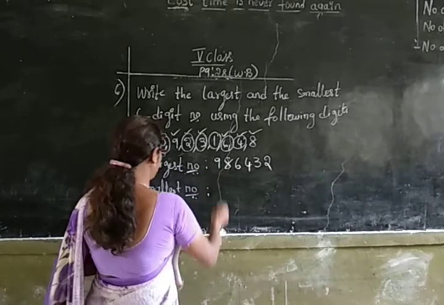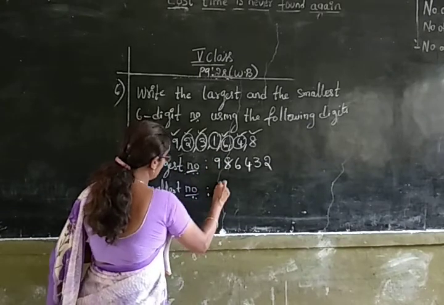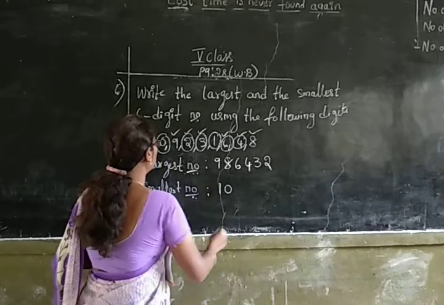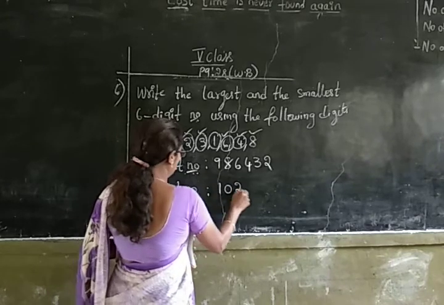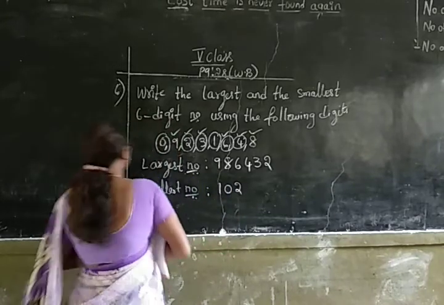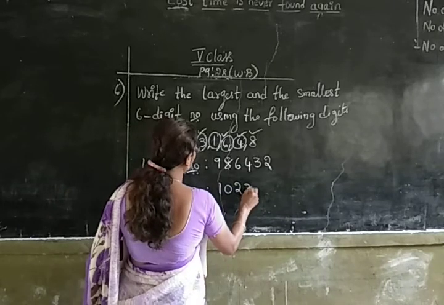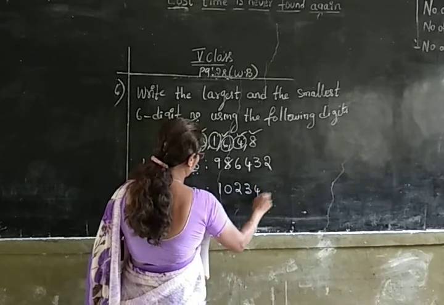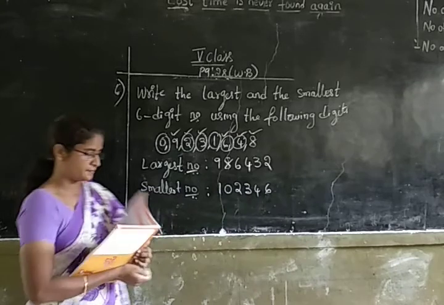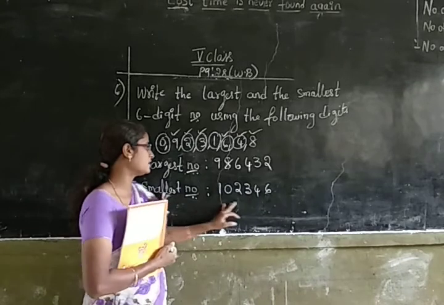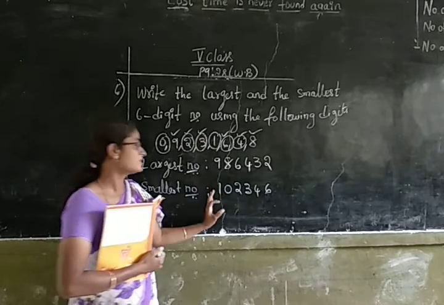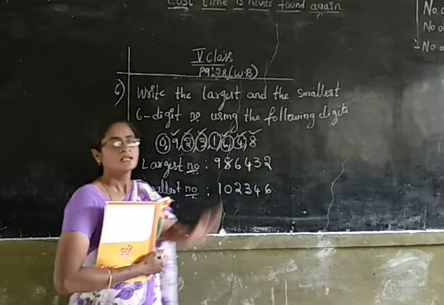So first you have to write down 1 and then you have to write the 0. Next 2, 3, 4, 6. Okay children, this is the smallest 6-digit number using the given digits.